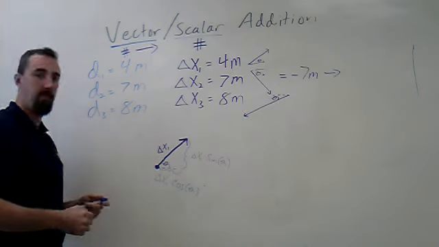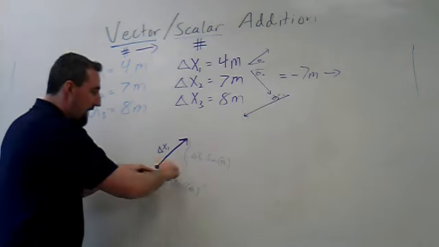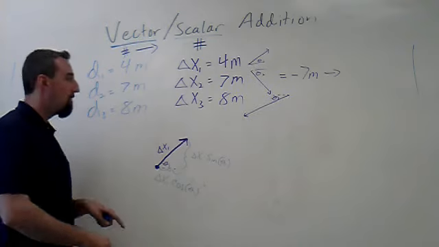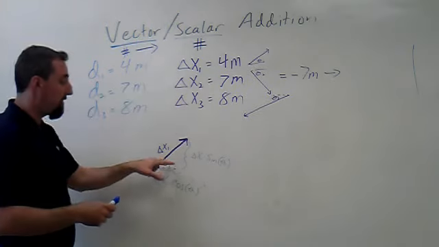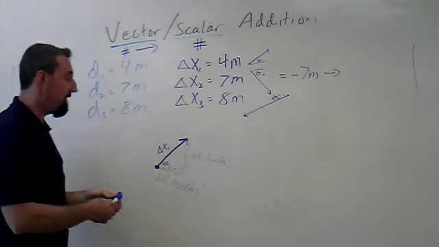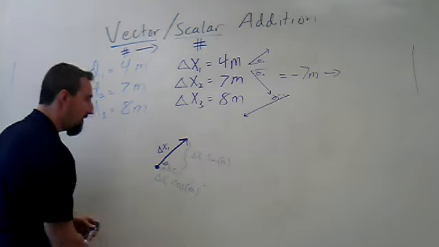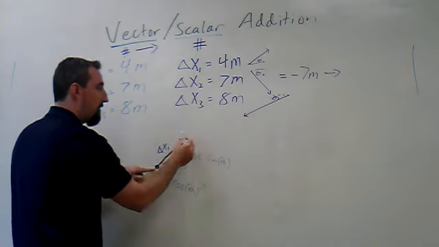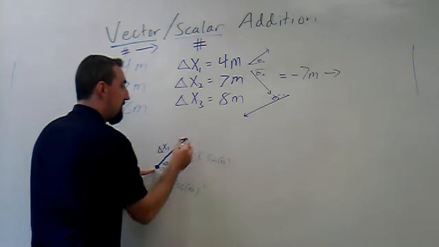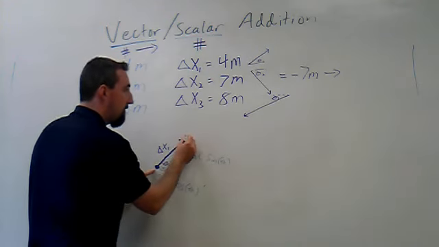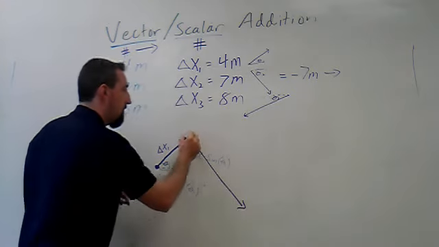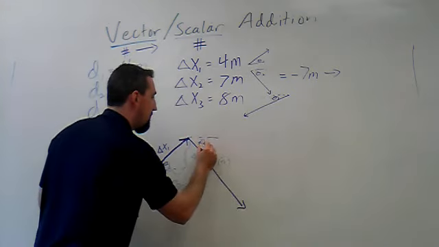Okay, so what have we done so far? We figured out that I can get an x-axis and a y-axis value for this. But we're talking about vector addition, not just vector breaking down. So where do we go from here? Well, we follow the tail to tip method. We went on the first part of our journey, and now we're going to do the second part. x2 goes 7 meters like this, with an angle θ2.